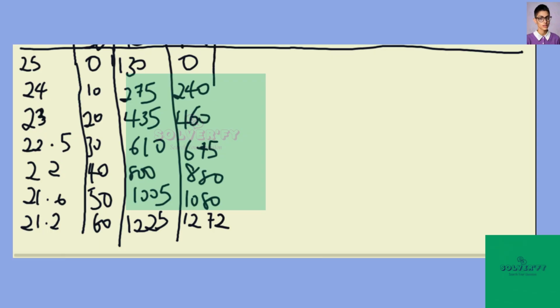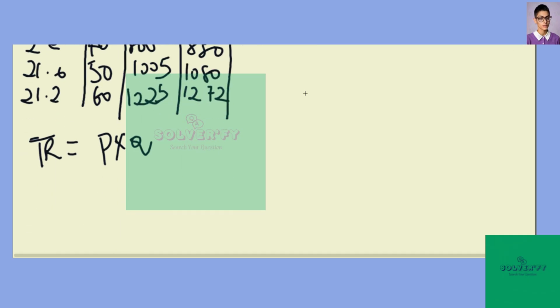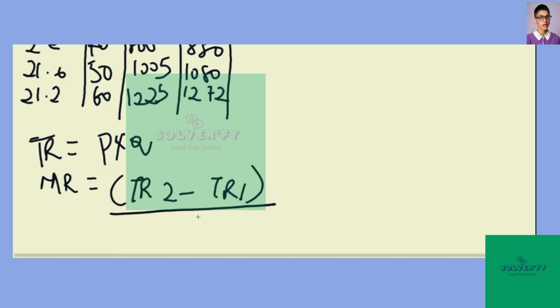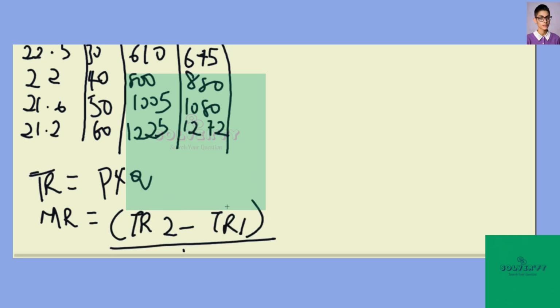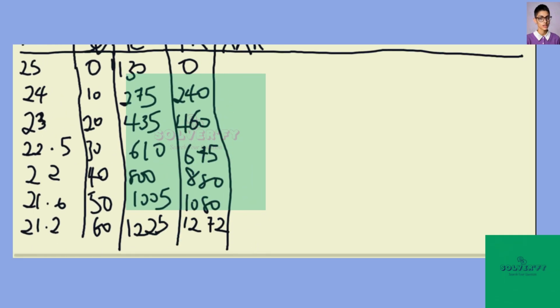So we'll draw the line for marginal revenue. We know that the formula for marginal revenue is total revenue 2 minus total revenue 1 divided by 10. So the first one will have no marginal revenue.